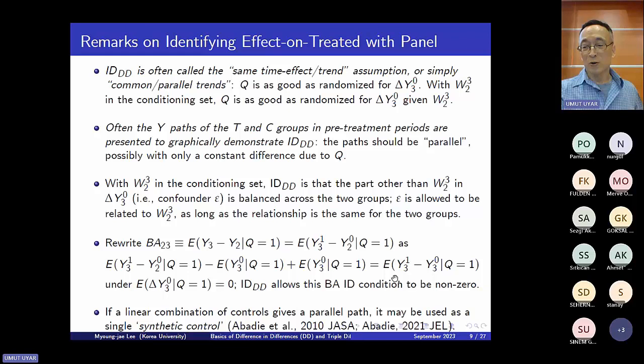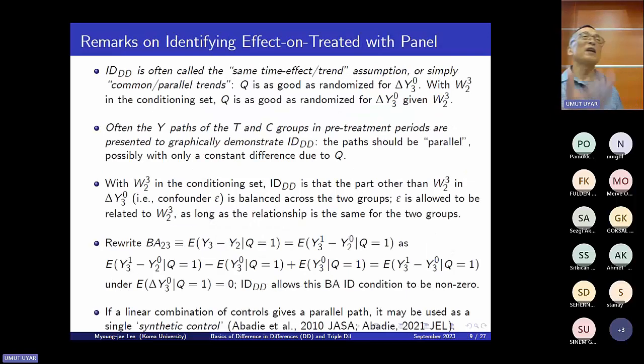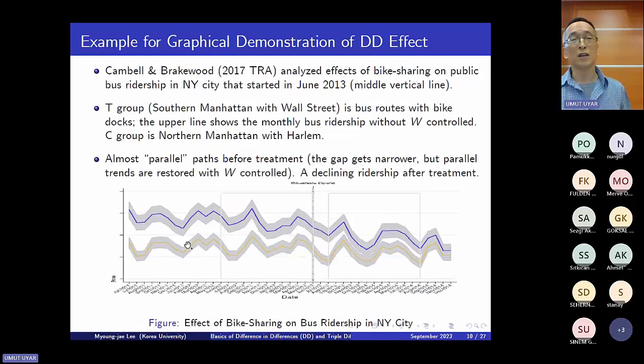As I just mentioned, the parallel trend is critical for DD analysis, but sometimes you may not have a good control group, so you may not have this parallel trend hold.